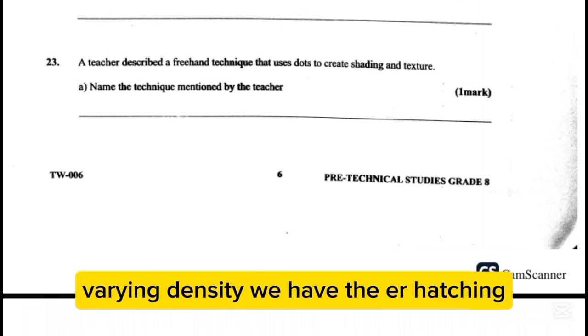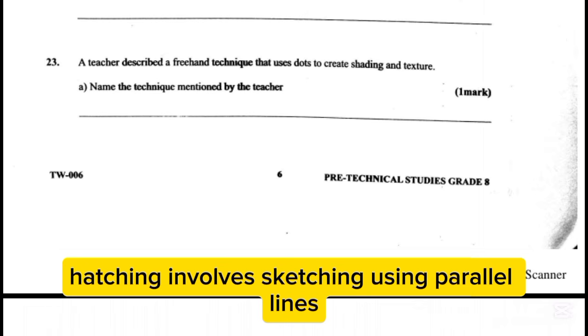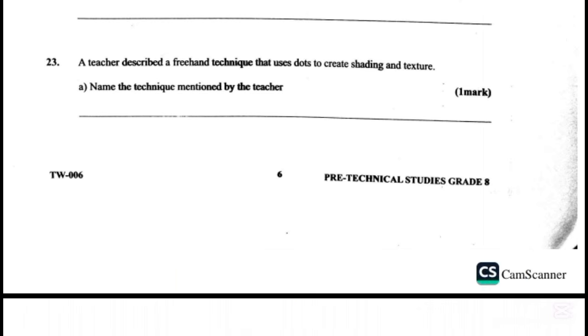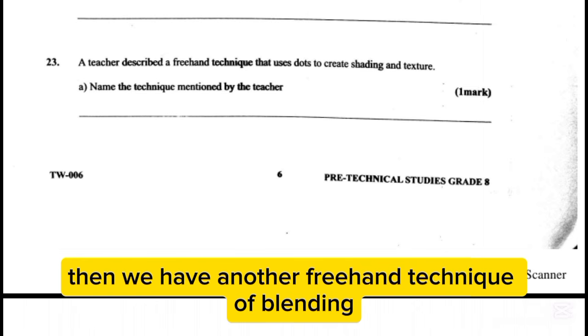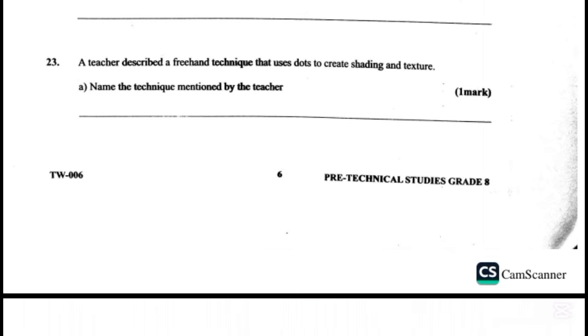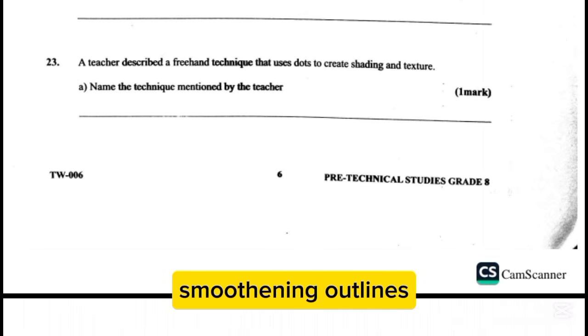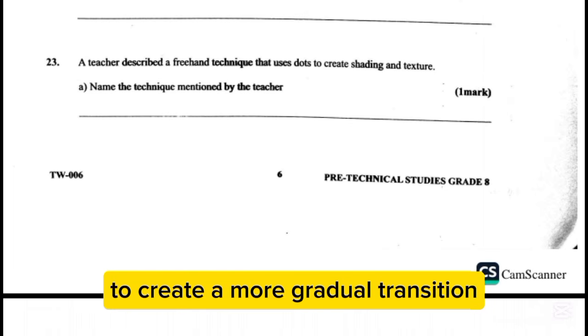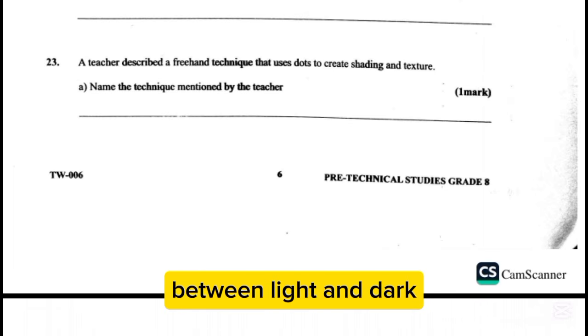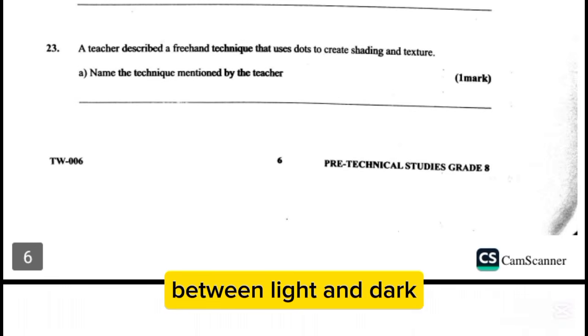We have hatching, which involves sketching using parallel lines. Then we have another freehand technique of blending or smudging, which involves smoothing out lines to create a more gradual transition between light and dark.